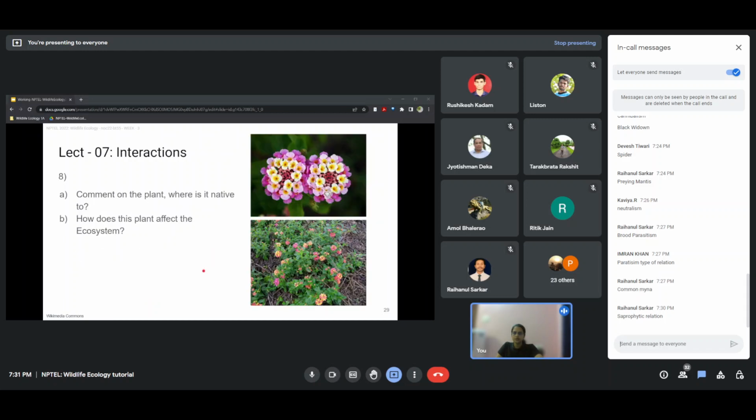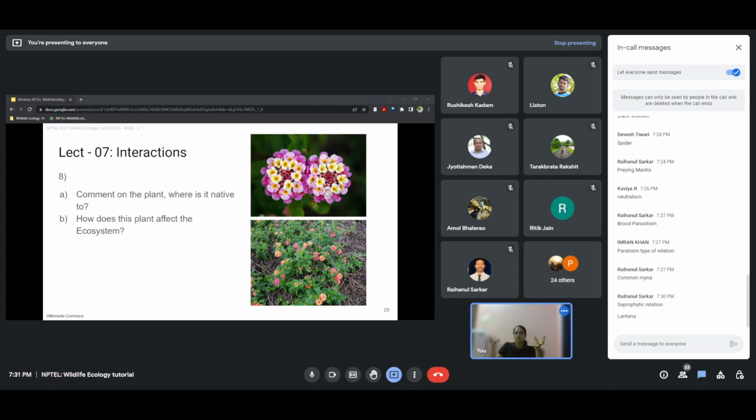All right. So, what is this plant species here? We discussed it in our previous class as well. And how does this plant affect the ecosystem? So, there are several ways in which this plant affects the ecosystem. This is tying all our concepts from our previous lecture as well. Saprophytic.